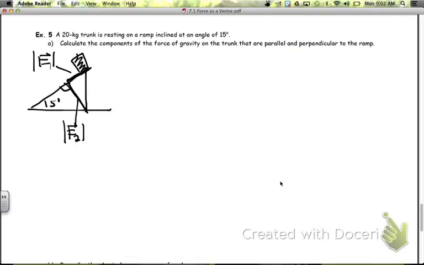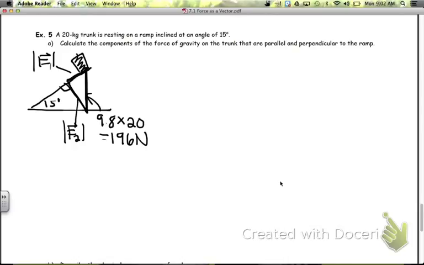To figure this out, the force due to gravity is what we find by taking our 9.8 and multiplying it by 20, which gives us 196 newtons.